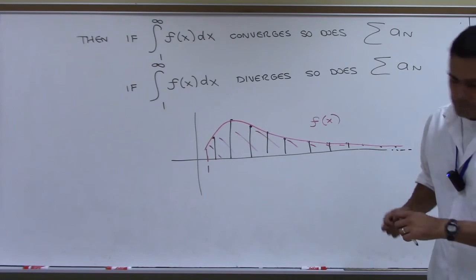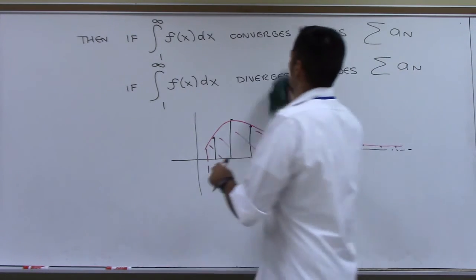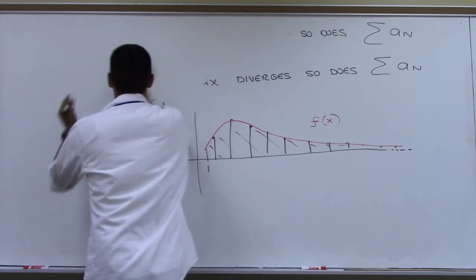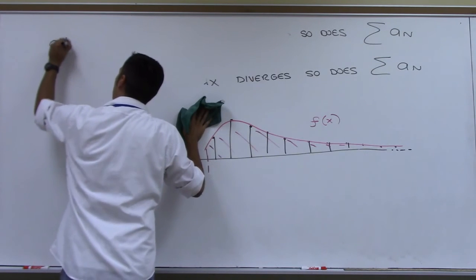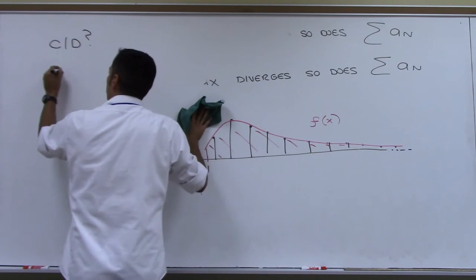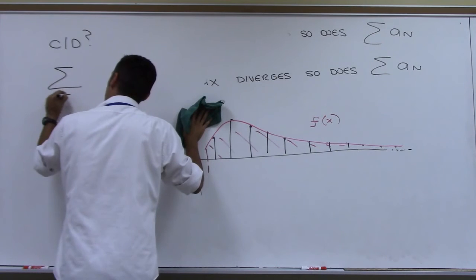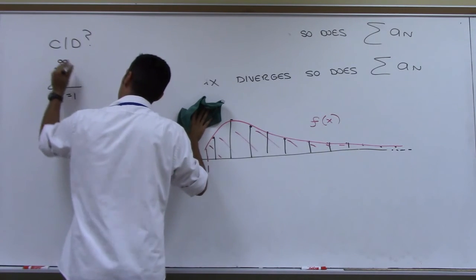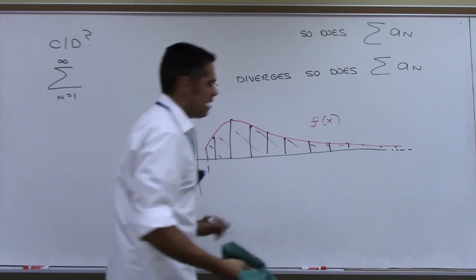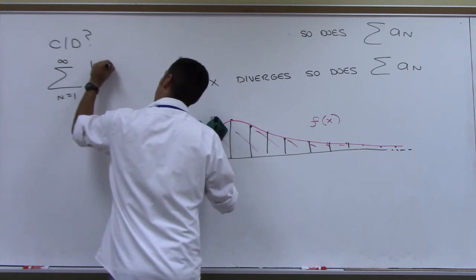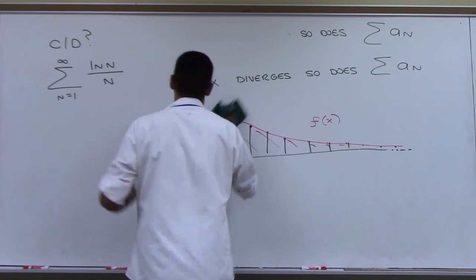Here we go. Let's take the series, converge or diverge: sum n equals 1 to infinity of natural log n over n.